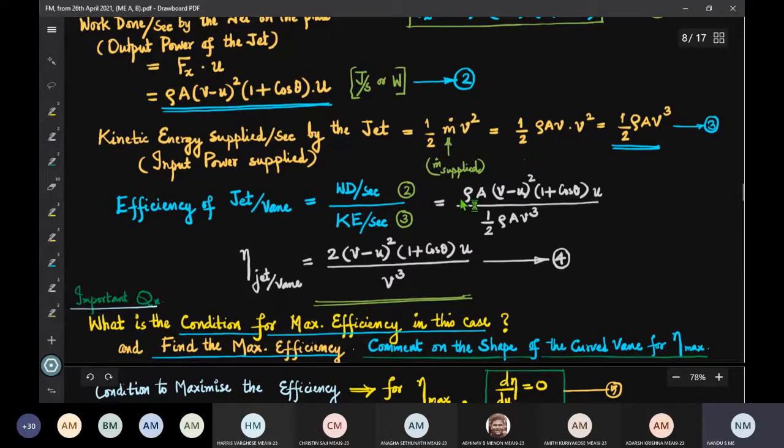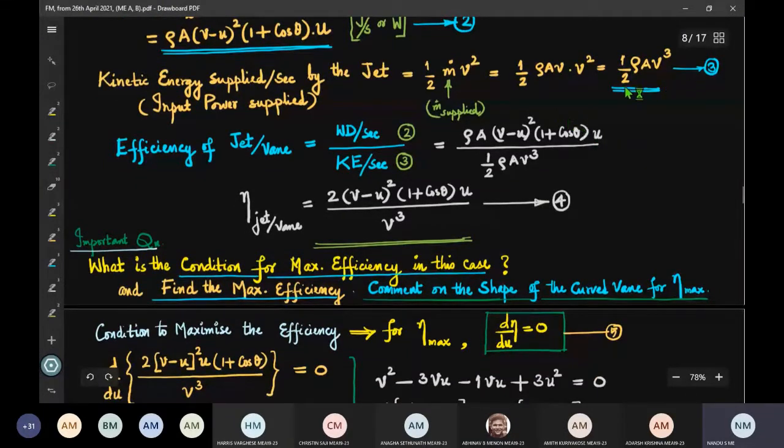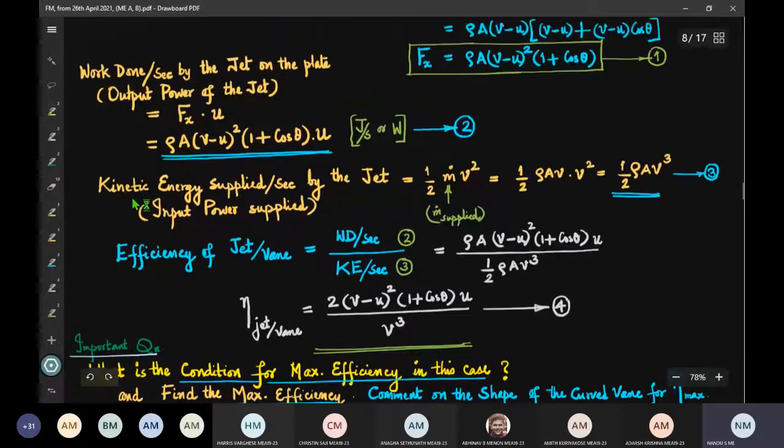So that m dot is the mass flow rate supplied. So half rho a v into v square, half rho a v cube. Right from the beginning, we have been using the same expression, even for the flat plate also. So input power is half rho a v cube, and output power is given by expression 2.